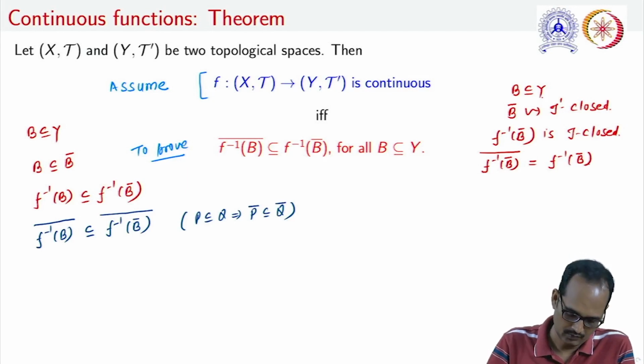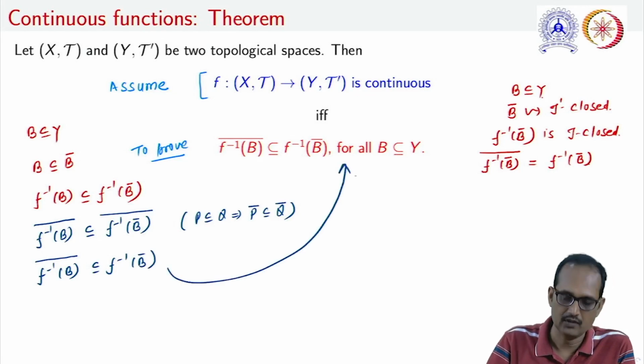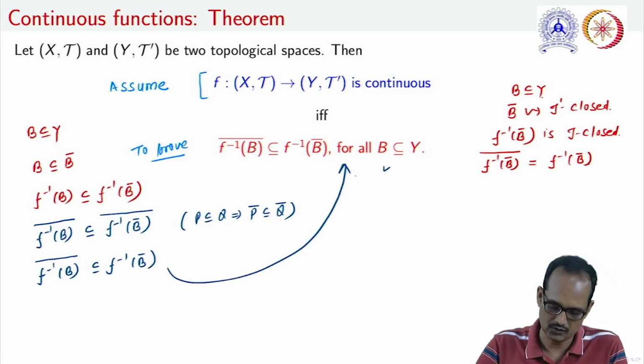Therefore we can write closure of f inverse(B) is a subset of f inverse(closure of B), and that was our requirement. So this is the proof of the first part.